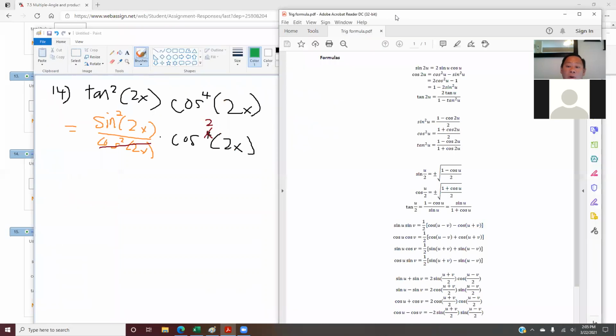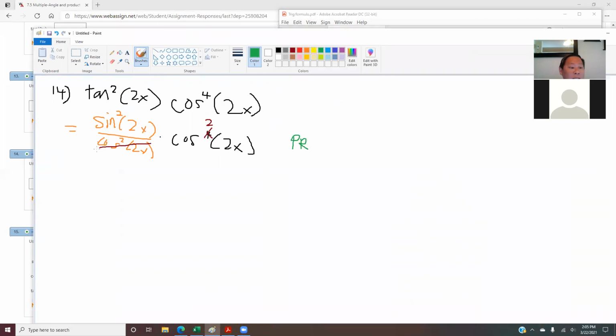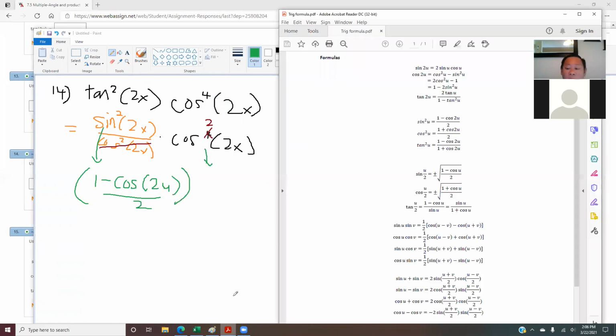Using the power reducing, sine squared u is 1 minus cosine 2u over 2. So this is actually 1 minus cosine 2u, oh, not x, 2u, over 2. And for cosine squared, if you use the formula, it is exactly the same. Instead of minus, this is a plus.